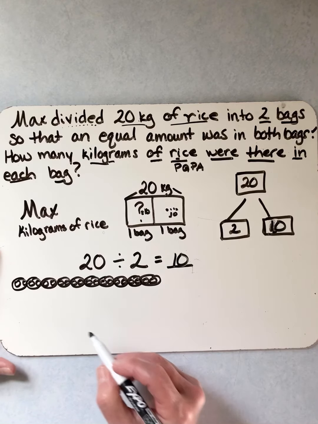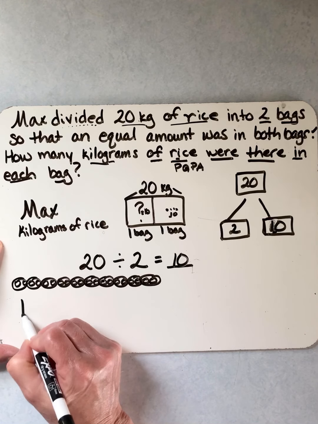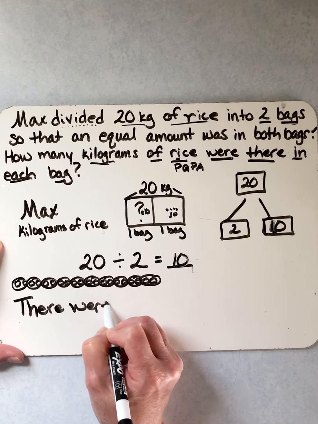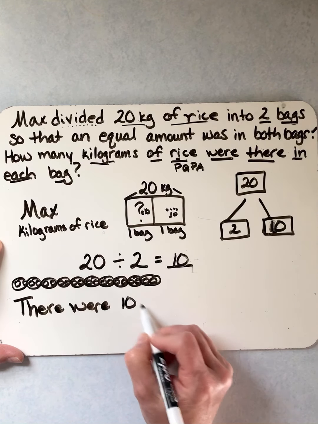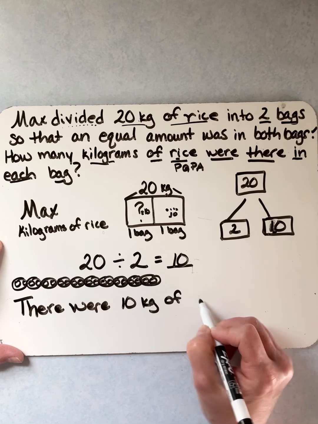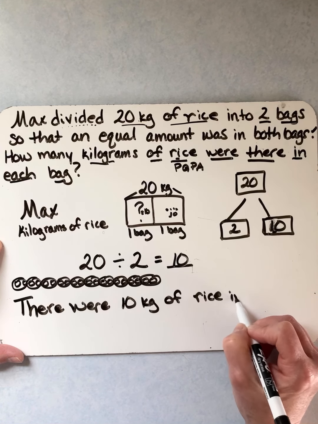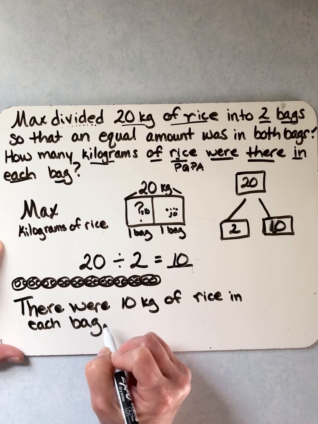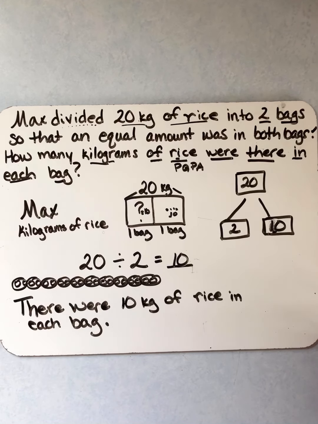Look at how many words we're going to use from that question in the answer. Always begin your sentence with a capital letter. There were 10 kilograms of rice in each bag. Period. That answers the question.